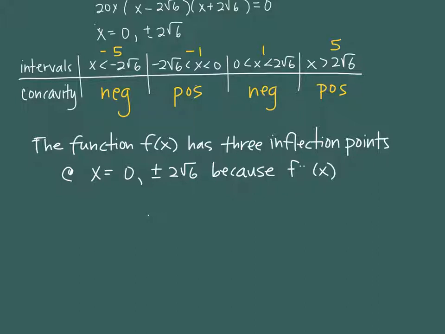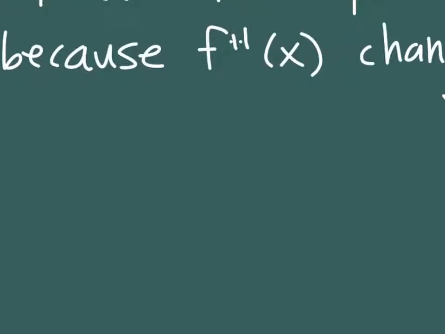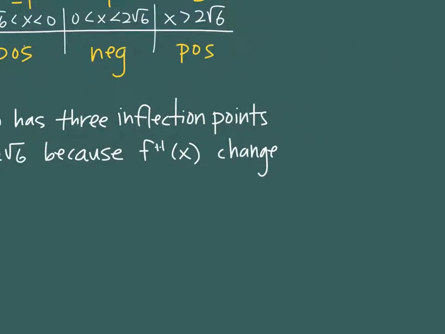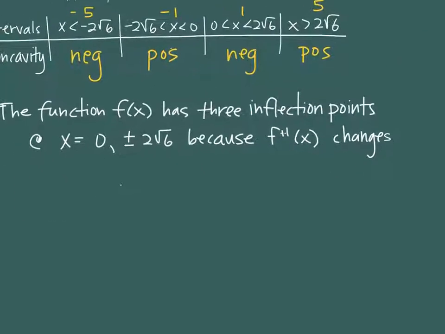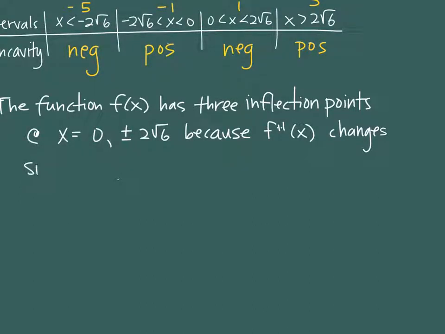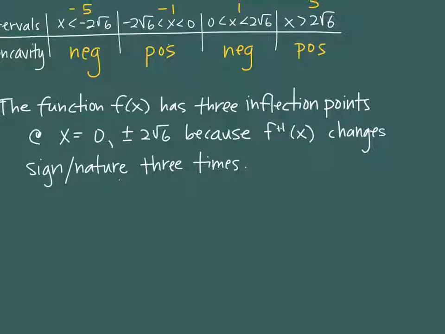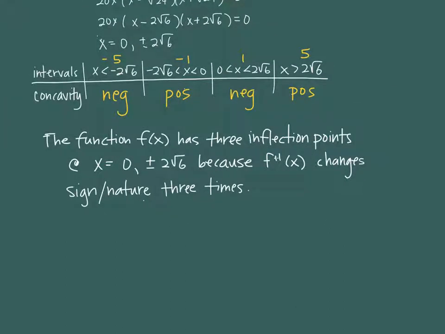So the second derivative changes sign or nature or anything you want to say like that, 3 times. And you can also say what the concavity intervals are. So this is just a lot of analysis and putting this all together.